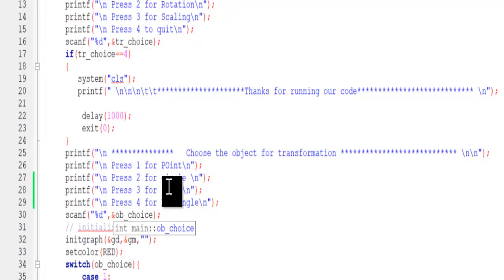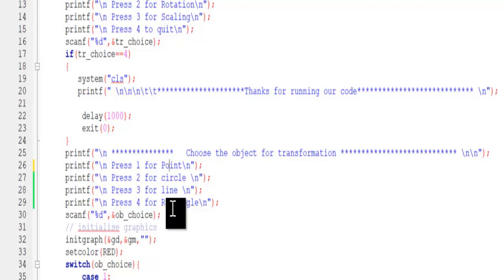So whatever the transformation you want to do, on which object you want to do it, whether on a point, circle, line, or rectangle. Point and circle, keep them together because they have the same x and y; neither point nor circle has x2 y2. The line has the initial point coordinates and the end coordinates, so x1 y1 and x2 y2.